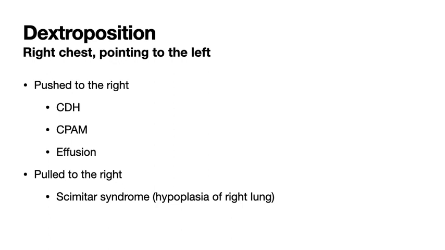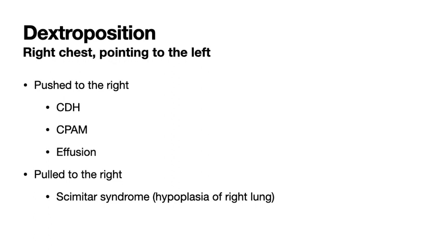So it keeps its same axis, but gets pushed over to the right side. Examples: diaphragmatic hernia, congenital pulmonary adenomatoid malformation, or a big pleural effusion on the left side. All of those can push the heart over, but allow it to keep its normal axis.